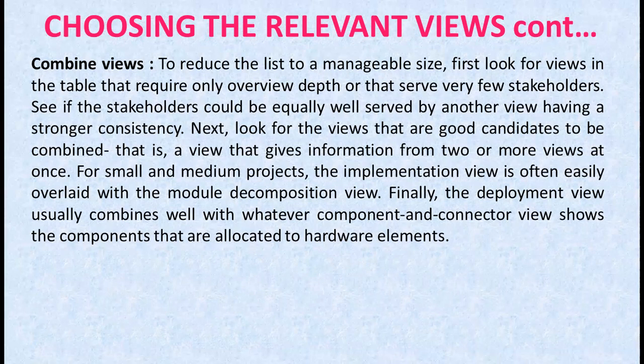First look for views in the table that require only overview depth or that serve very few stakeholders. See if the stakeholder could be equally well served by another view having a stronger consistency. Next, we need to look for views that are good candidates to be combined, that is, a view that gives information from two or more views at once.